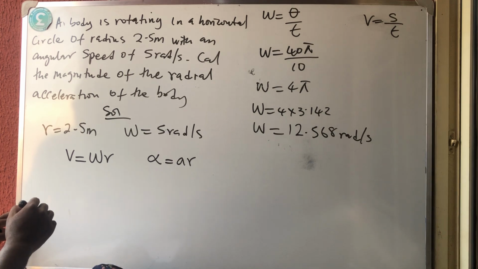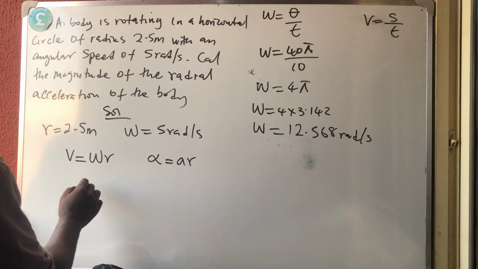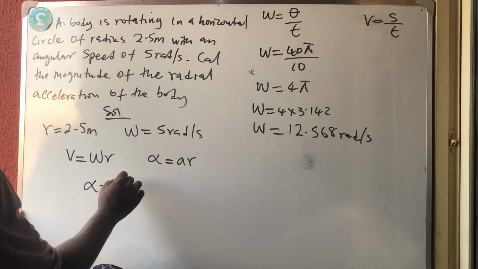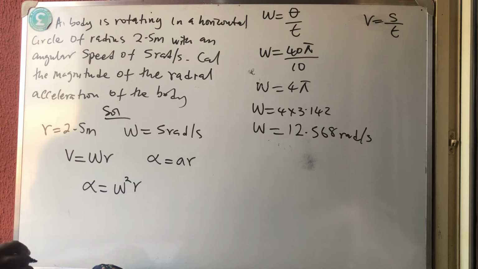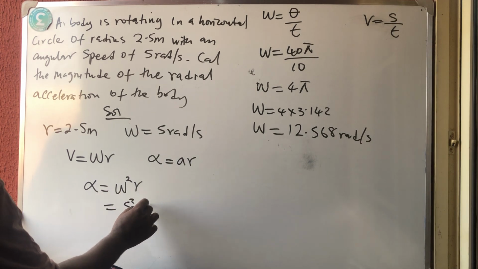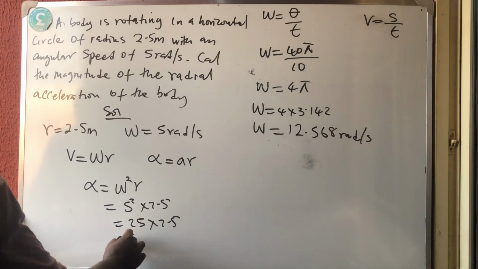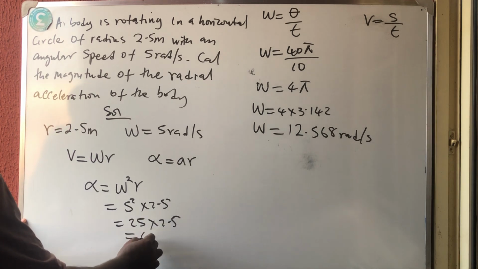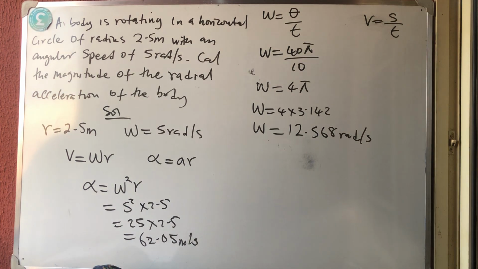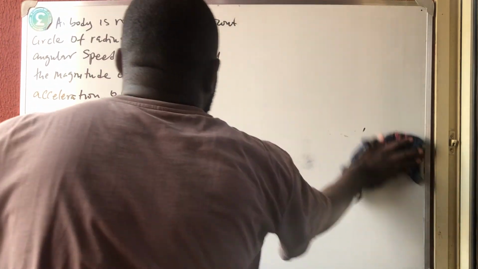In fact, the relationship is, a is equal to w squared r, even if you don't want to start doing all these things. So what do I have now? 5 squared times 2.5, which is 25 times 2.5, and that will give you 62.5 meter per second squared. So that is that. There is no big deal.